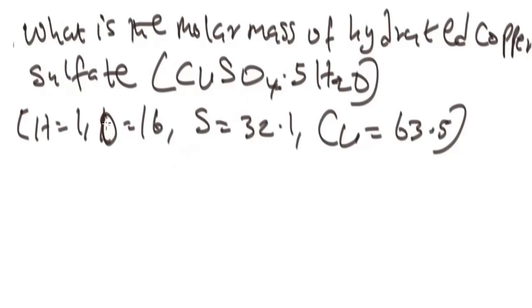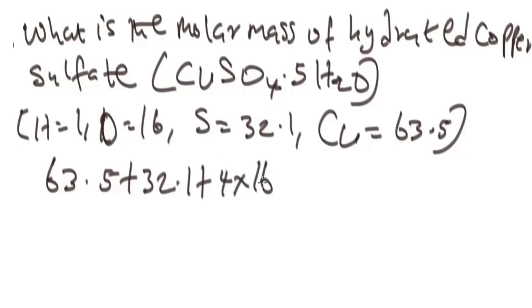To solve this, remember, to calculate molar mass you have to add the relative atomic masses of the elements. Here we have 1 atom of copper, so it's going to be 63.5, plus 1 atom of sulfur, which is 32.1, plus 4 atoms of oxygen, so 4 times 16. Plus, this 5 H2O means the 5 multiplies everything for water, so this is how you present it, 5 in brackets.